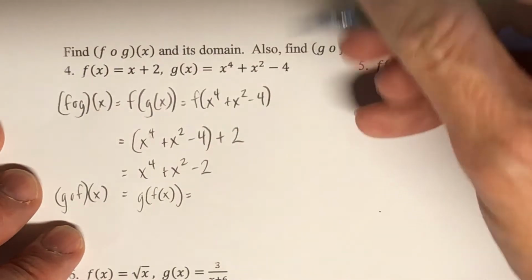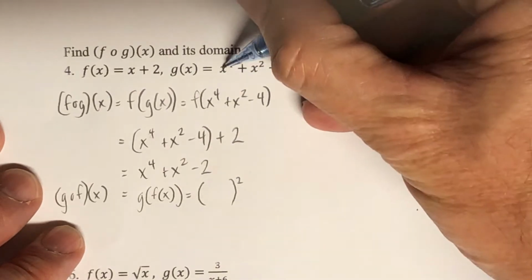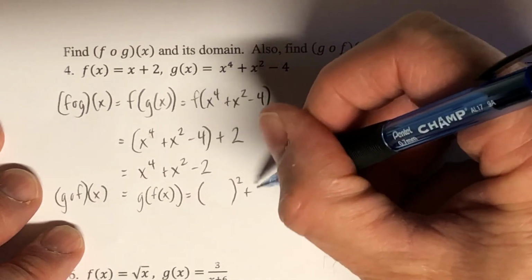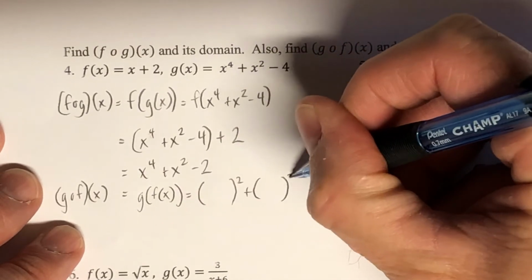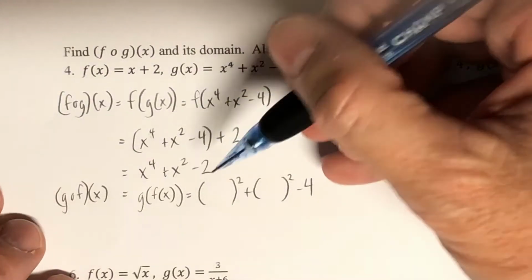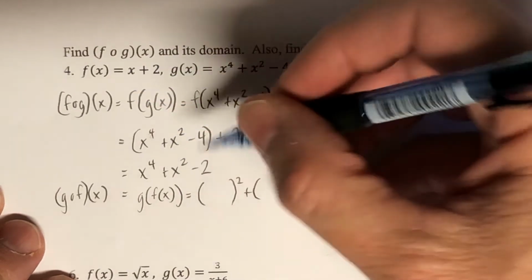A little bit more complicated, but again, replace the x's you want to plug into right here with parentheses, and then we'll put the appropriate thing on the inside. And that appropriate thing, since it's the second function, is going to be the x plus 2.